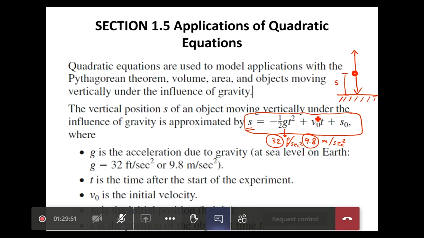Plus v naught, this is the initial velocity, the initial speed with which the object is thrown. And s naught, the initial position.